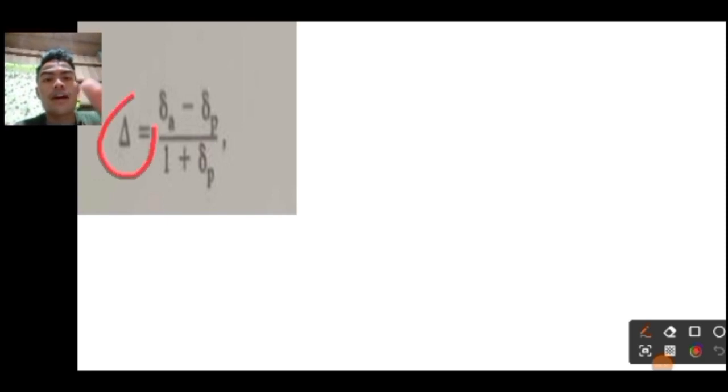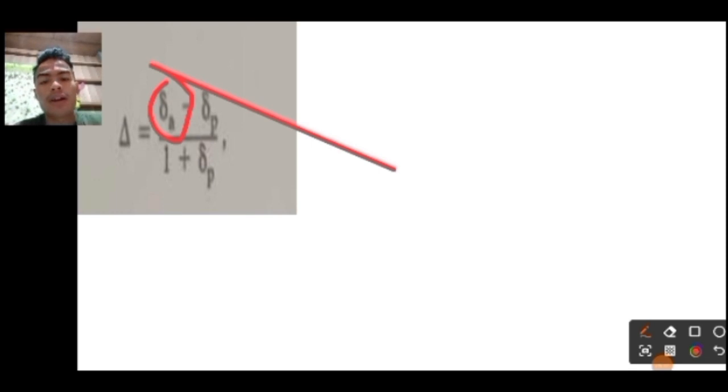Kani siya nagpasabot na it describe kuan sa carbon isotope discrimination sa symbol. Then kani is nagrepresent siya is deviation in carbon isotope composition.